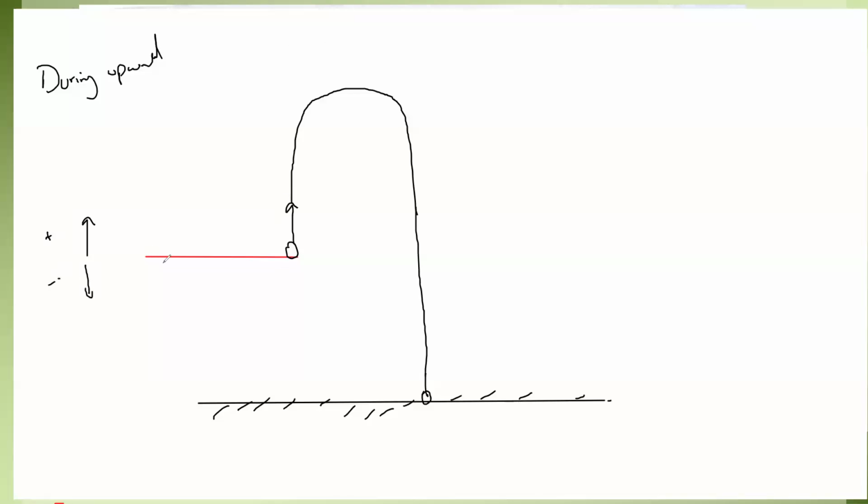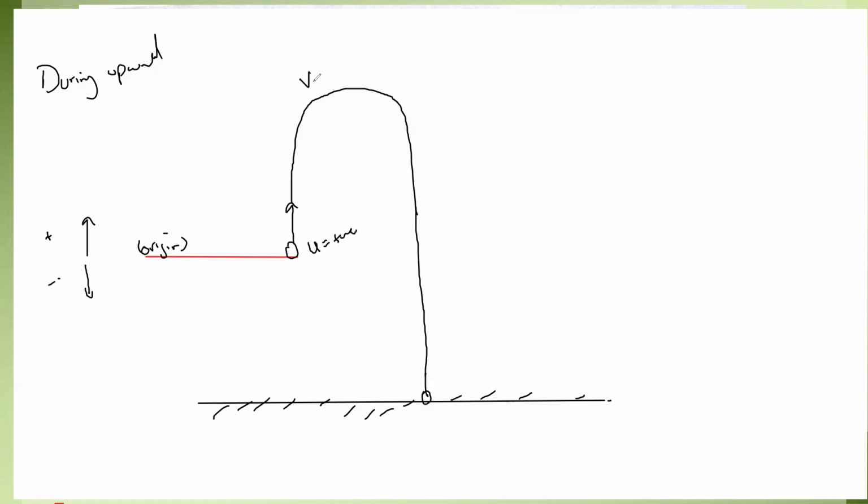So this is our origin. From the origin, when I throw something upward, anything directed upward will be positive. So the initial velocity will have some positive value.